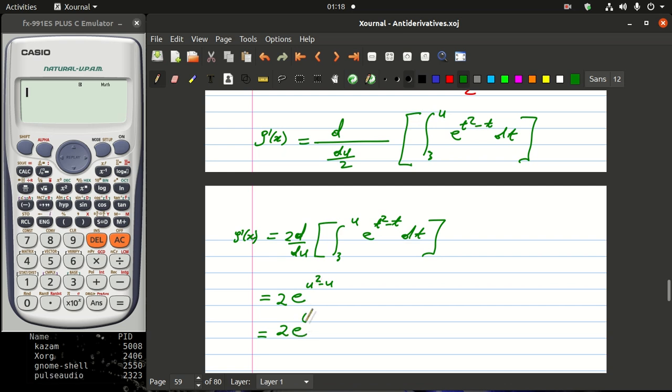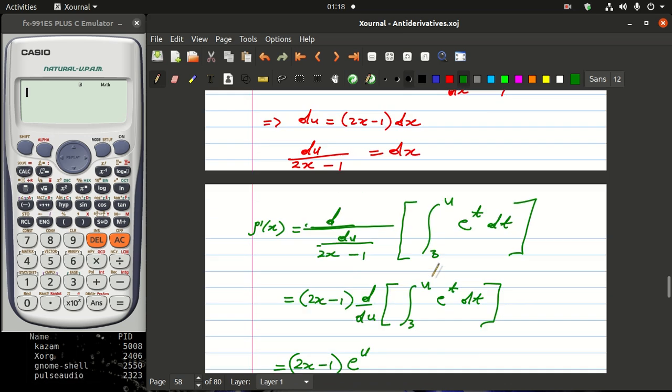What was u is going to be 2x squared minus 2x, which is just the same as 2e raised to 4x squared minus 2x. That is actually the final answer to our problem. So that is one of the final answers that we can get.